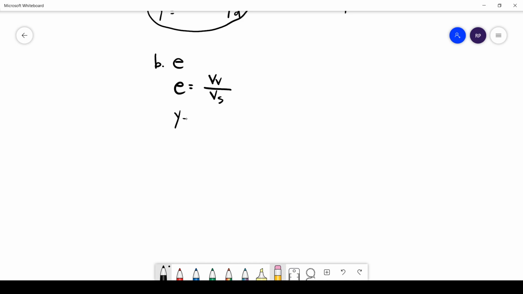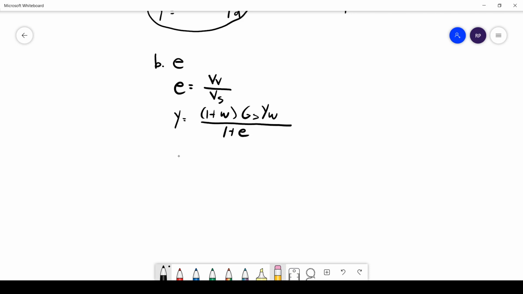So, from this, moist unit weight is 1 plus moisture content W, times GS, specific gravity, gamma W, unit weight of water, all over 1 plus E, void ratio. Okay? So, substitute nyo lahat yung values.